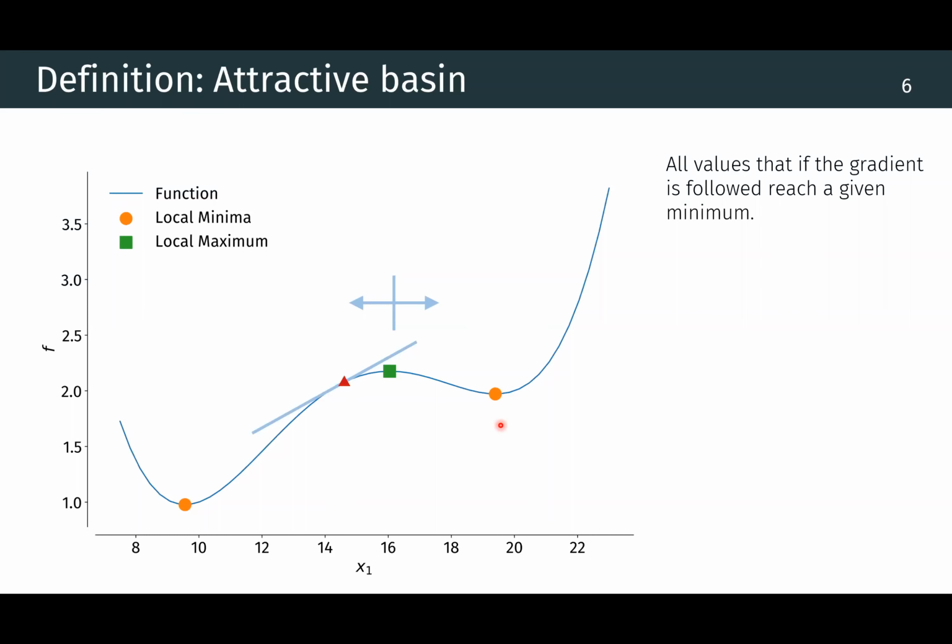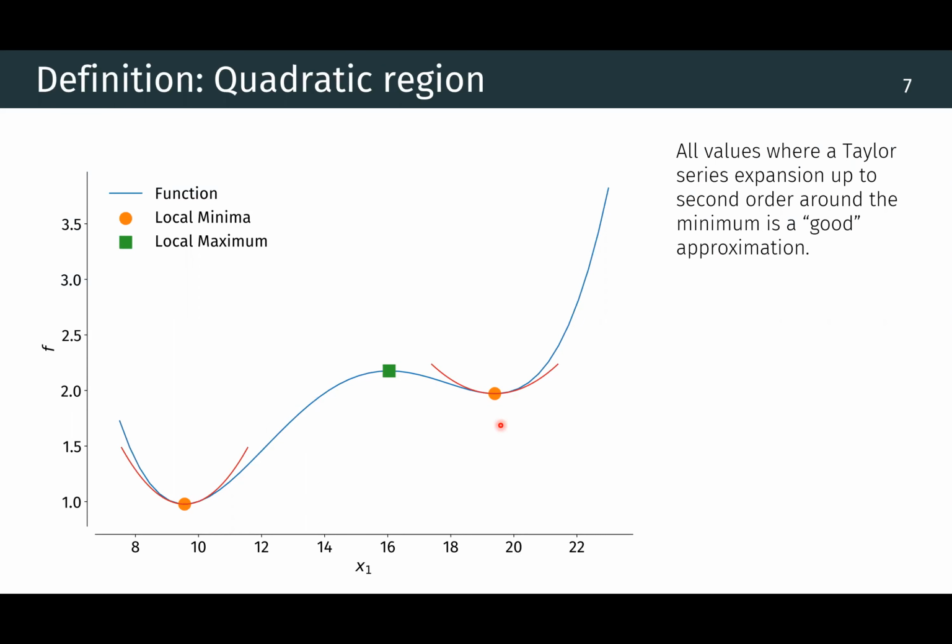So this is the attractive basin, which helps as some kind of tool to tell you how wide this minimum is. And we need one more thing. So another thing is the so-called quadratic region. And the idea is if you have some function, say the blue function over here, you can do a Taylor expansion around some point.